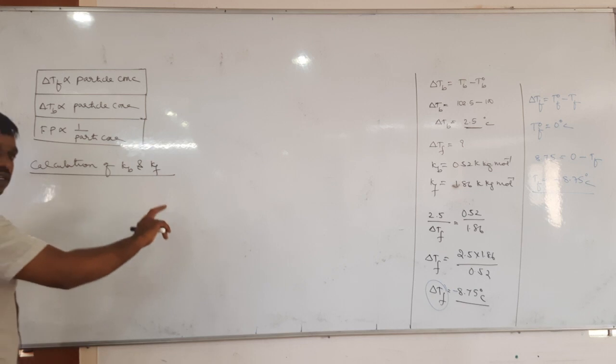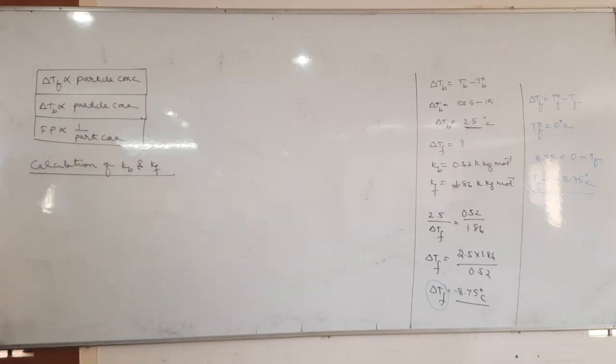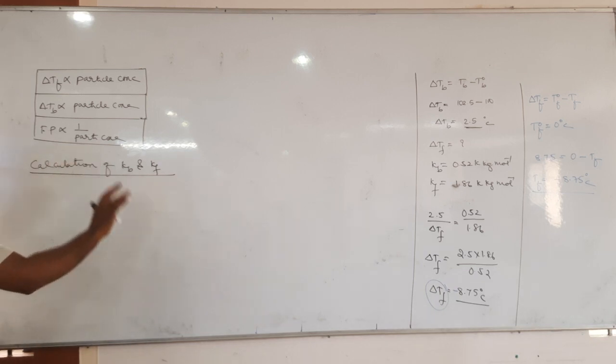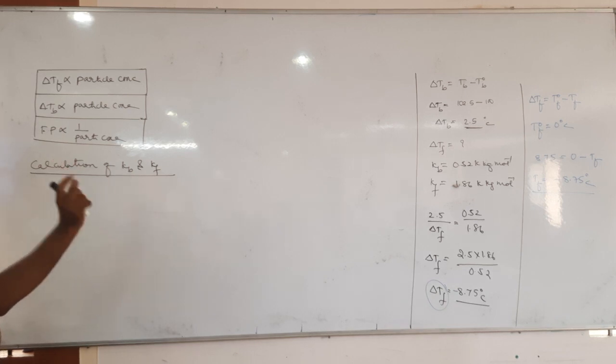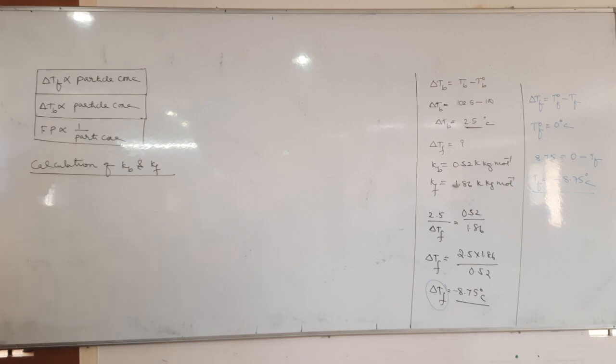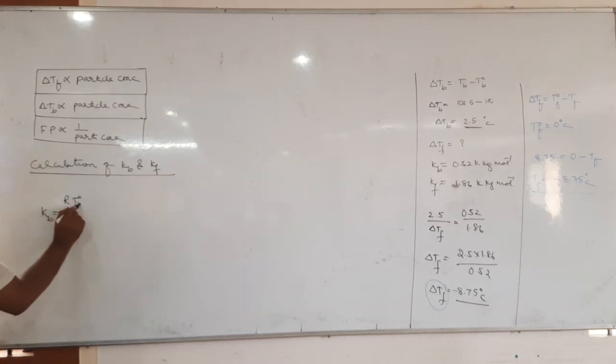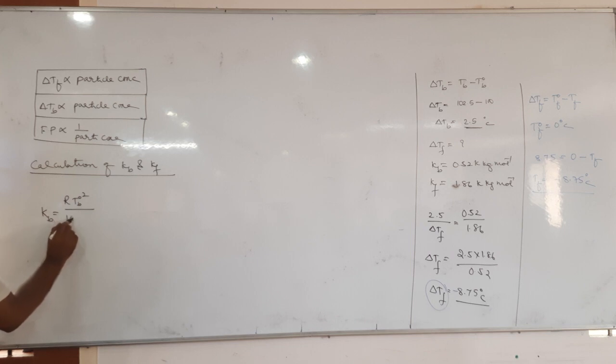These are constants. They depend on only the nature of the solvent. They do not depend on the mass of solute, mass of solvent, or the nature of the solute also. They depend on only the nature of the solvent. It means different solvents have different KF and KB values. Then how do you calculate KB and KF? So KB is equal to R T naught B square by 1000 into LV.